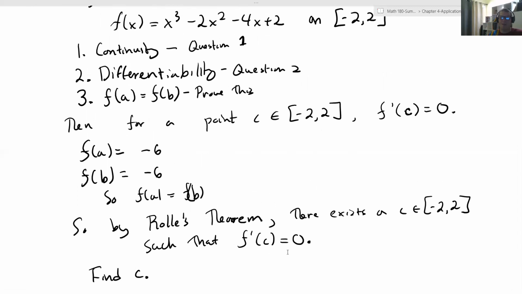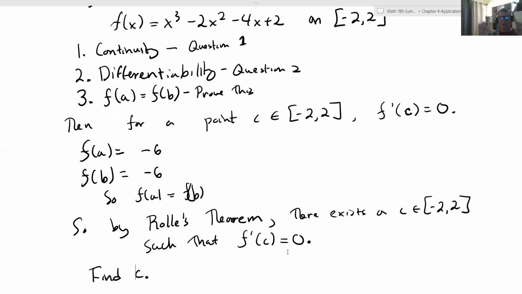Why is that true? It's not a hard question, just a simple reason. How'd you know? The theorem proves it, plus because f of a and f of b equal each other. Yes, the theorem just proved it, right? You just proved that F prime of C equals 0, okay?